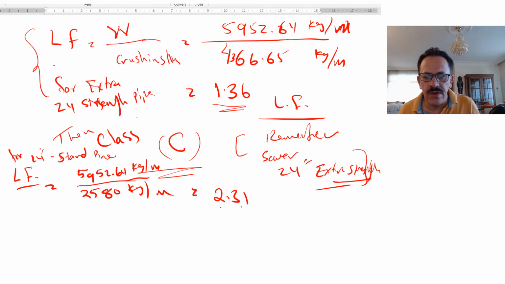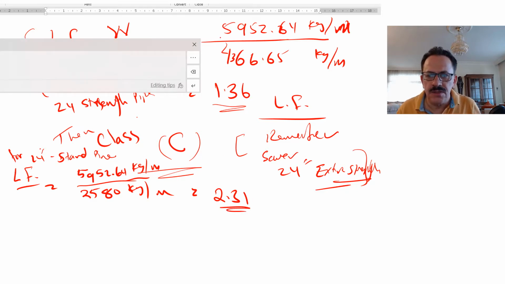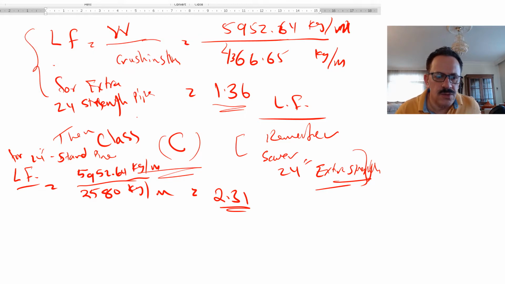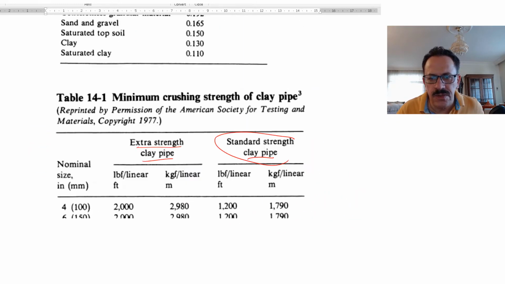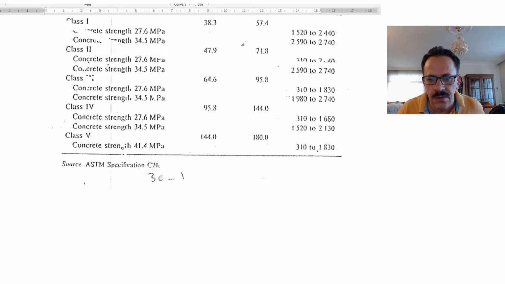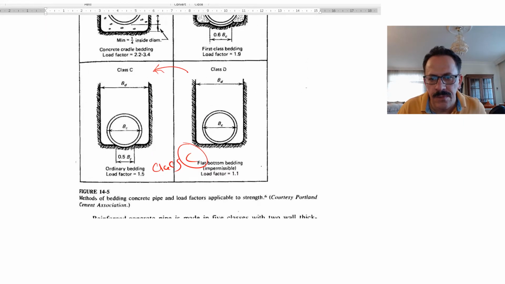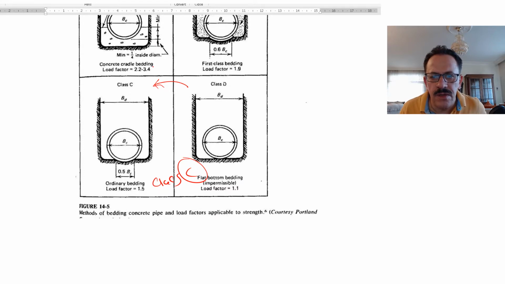Now 2.3 means that you have to use another class. Here's the class of 2.3.